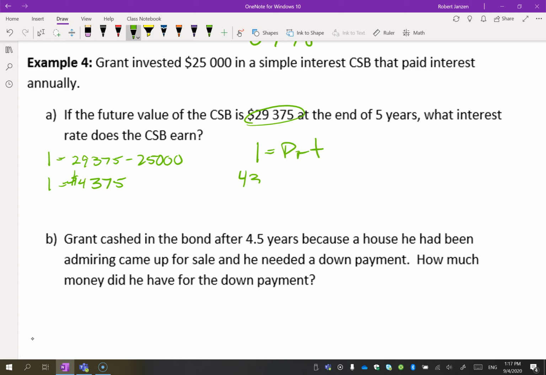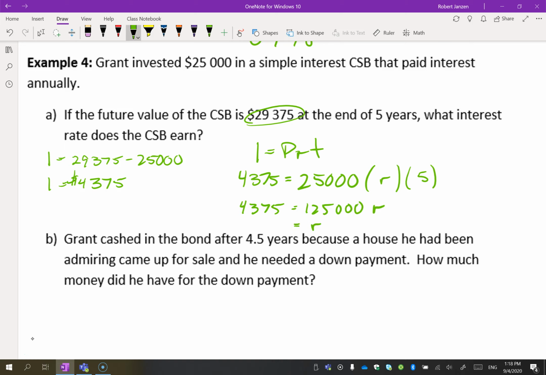The interest is 4,375. The principal was 25,000. I don't know what the rate is, but I know it's invested for 5 years. So let's do a little bit of math here. Algebra, we'll multiply 25,000 times 5. And then we'll divide by 125,000.